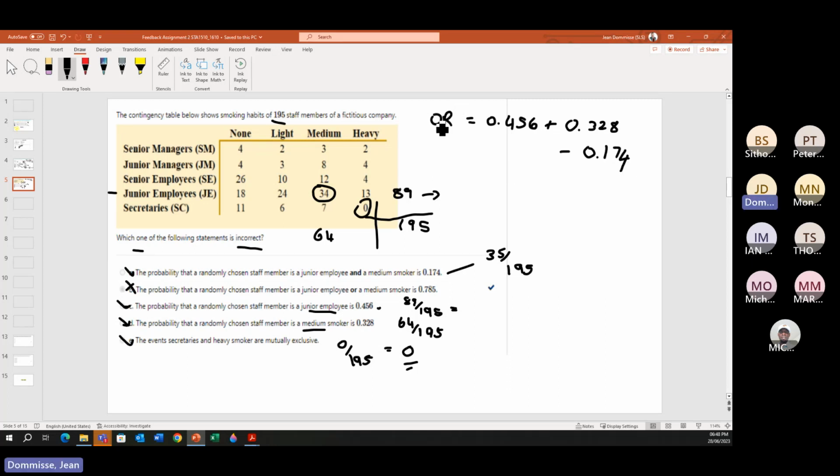So to get to the OR, the probability of one plus the other one minus the AND. Yes, Ian. It's 35 or 34. Oh, 34, thank you.